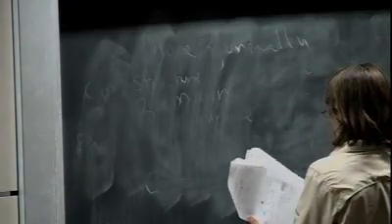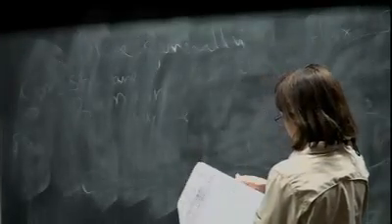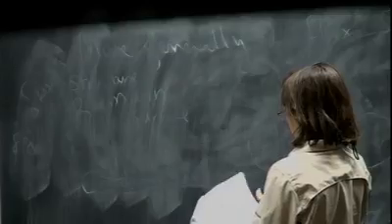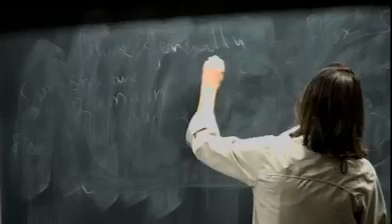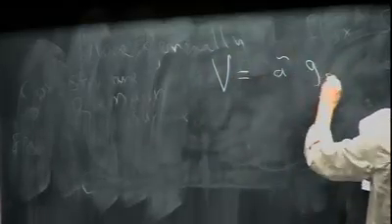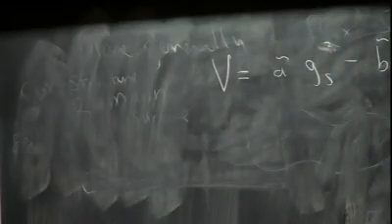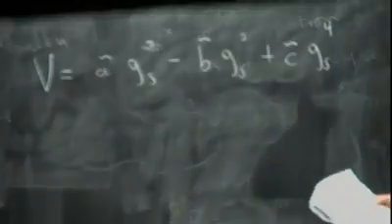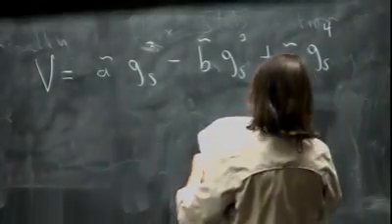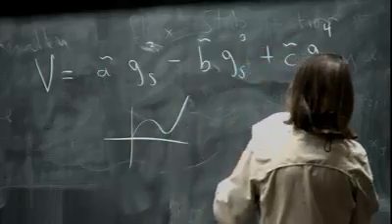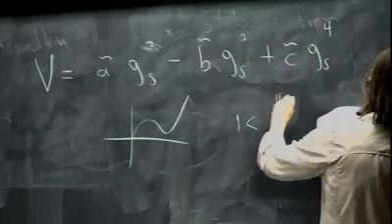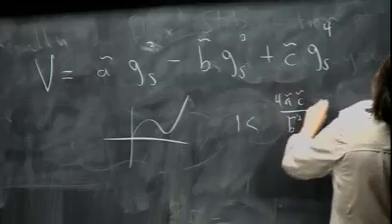Let me go back, I think I even have the number. Okay, so if you just write a potential which is this simple thing, I'm using tilde to not confuse the notation of these coefficients with the axions. So we have this, and you get a de Sitter minimum only if you live in a certain window of these coefficients.